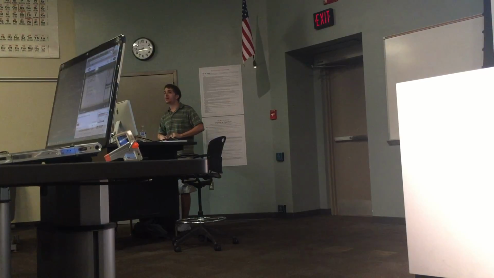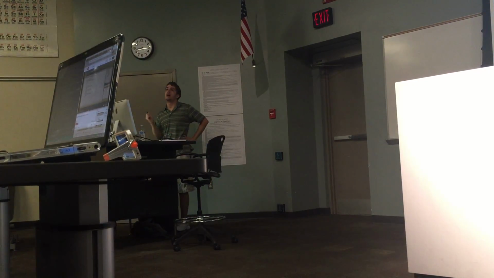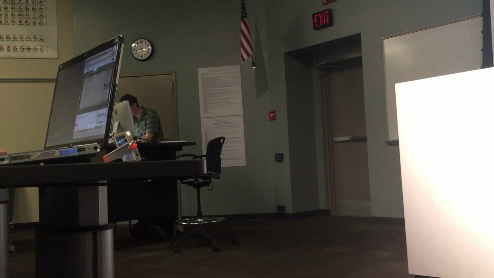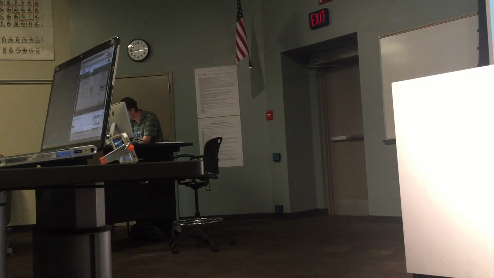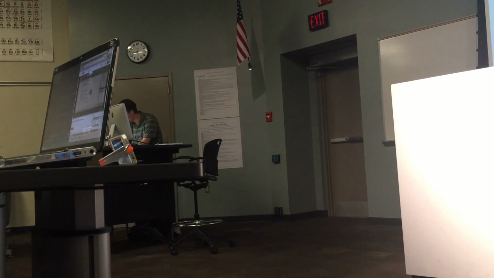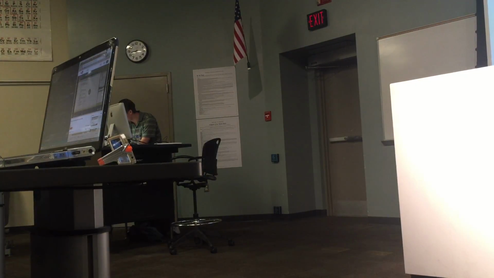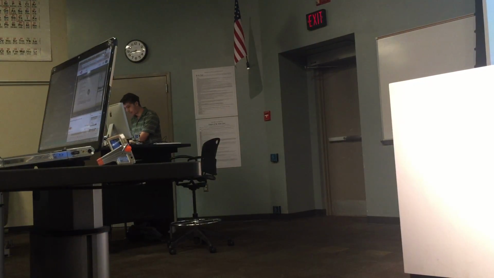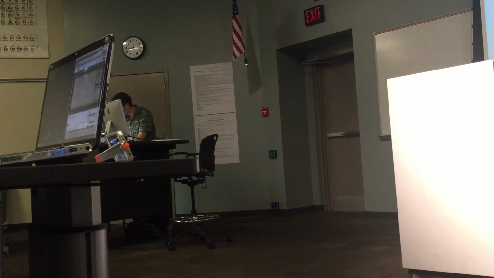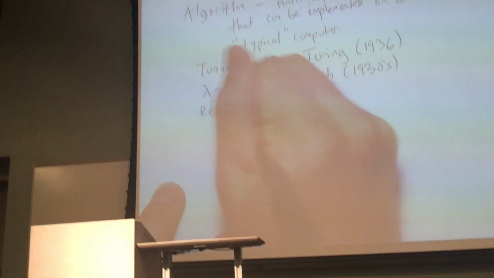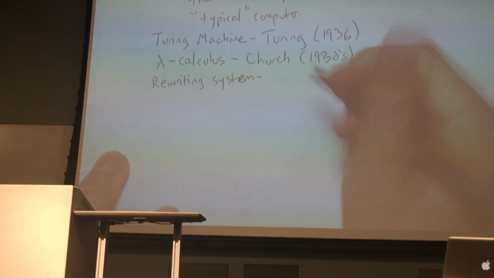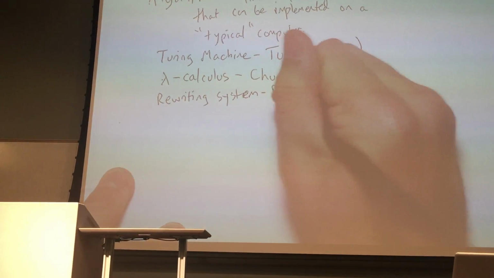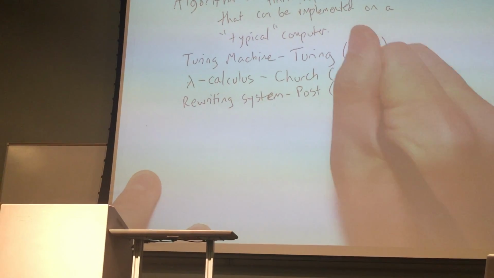But there was another mathematician called Alonzo Church at the same time who developed something called the lambda calculus, developed by Church around the same time. And there was yet another one called a rewriting system, developed by Emil Post, who was also another mathematician at the time.